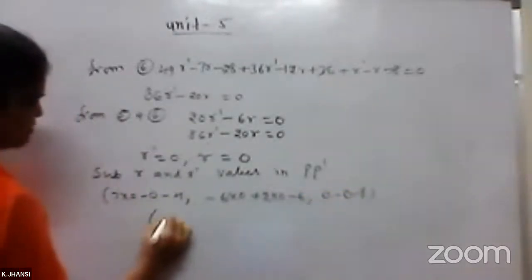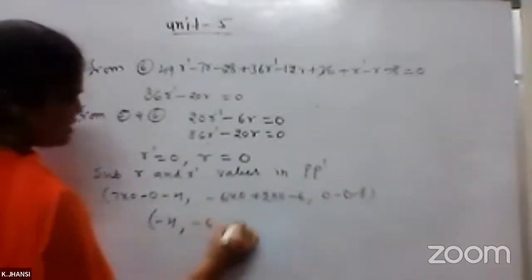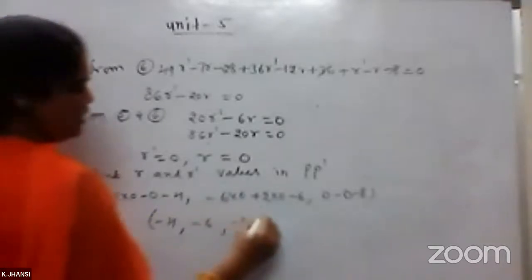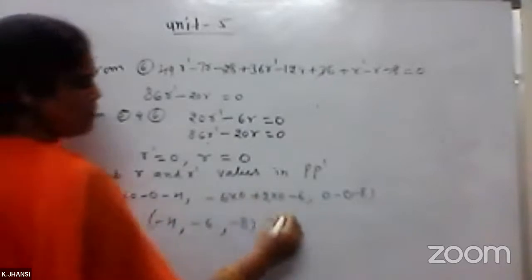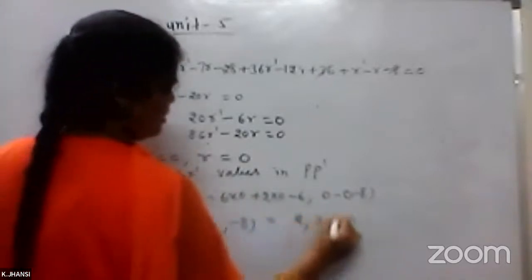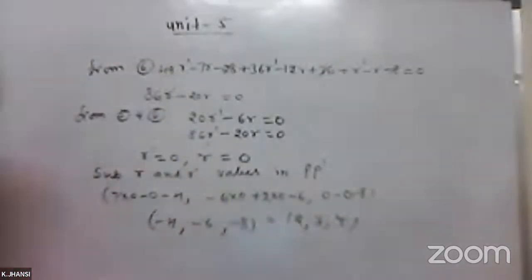That is, you will get minus 4, minus 6, minus 8. If we take minus common, and also divide by 2, you will get 2, 3, 4. Okay. So we got the same for the first method also, no?